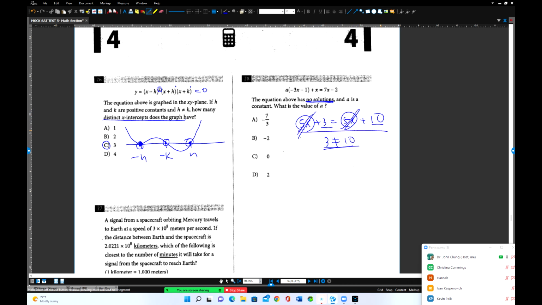You can use this one too. Negative 3ax minus a plus x equals 7x minus 2. If the x terms are to be cancelled out, what is the value of a there?